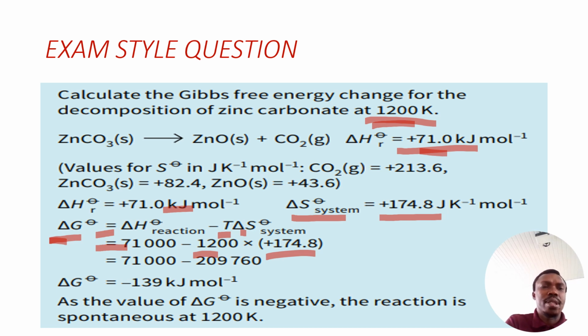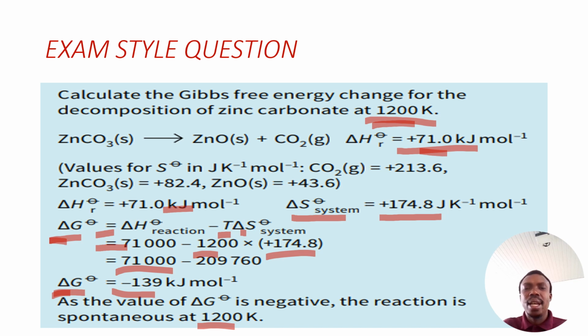So if we calculate 71,000 minus 209,760, the Gibbs free energy is equal to minus 139 kilojoule per mole. As the value of the free energy is negative, the reaction is spontaneous at 1200 Kelvin. The sign indicates that the reaction is spontaneous, the reaction is feasible, and the reaction is likely to occur.